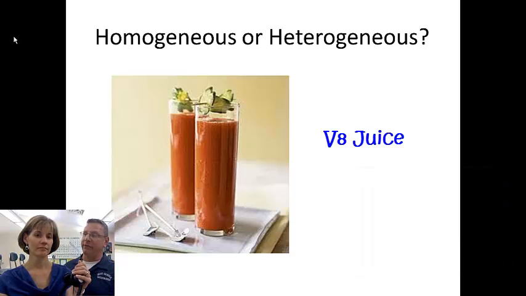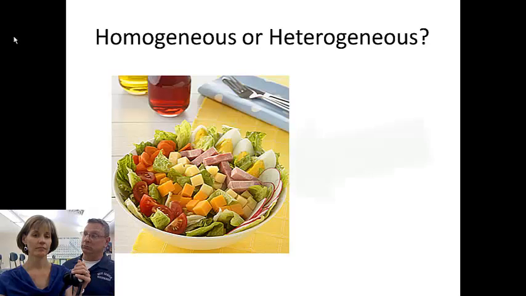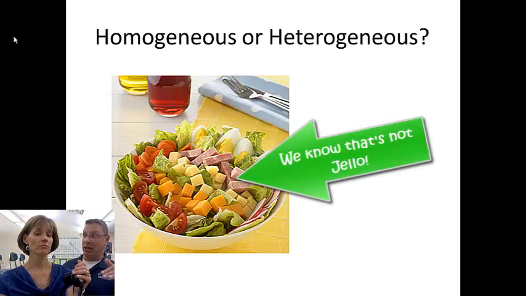For example, coffee would be a perfect example of a homogeneous mixture. The first sip tastes just as strong as the last sip. Jello, plain Jello, not with fruit and stuff, is also a homogeneous mixture.